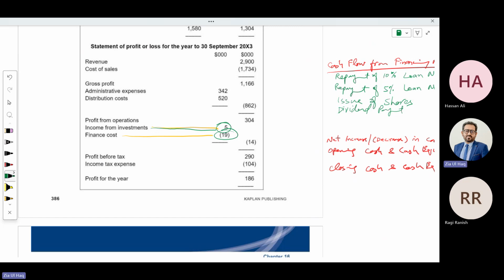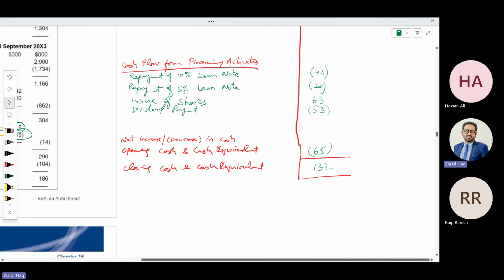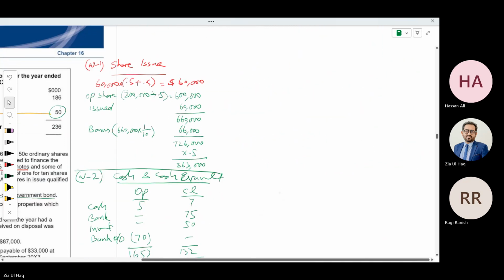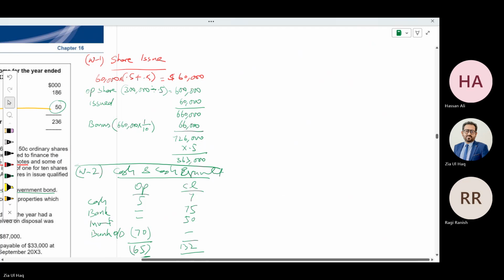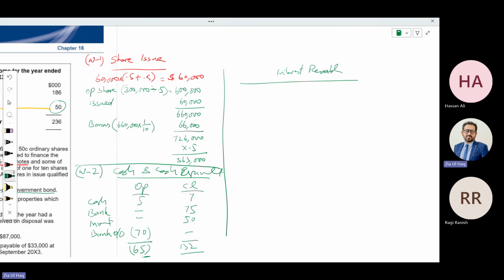This means from this we can identify some investment. So we should open an account of interest receivable. Asset brought down balance will be here, carried down balance will be here.